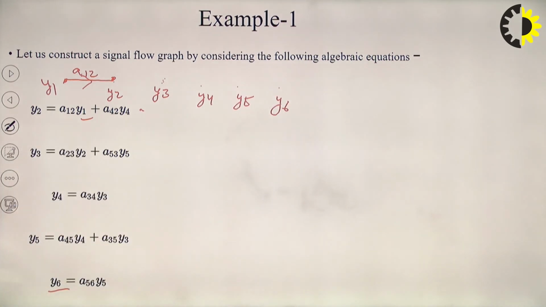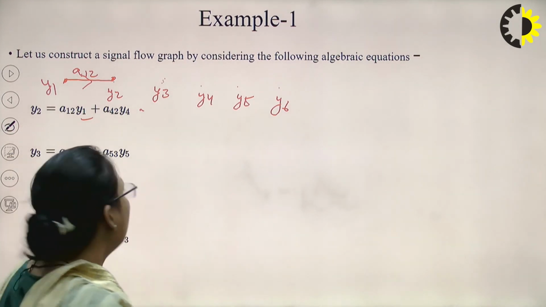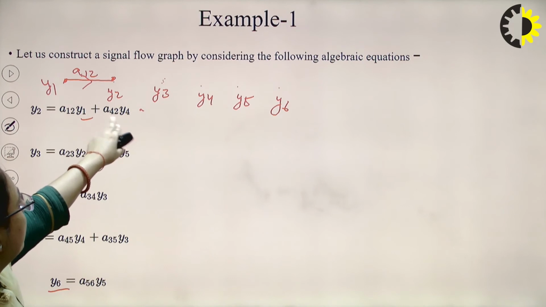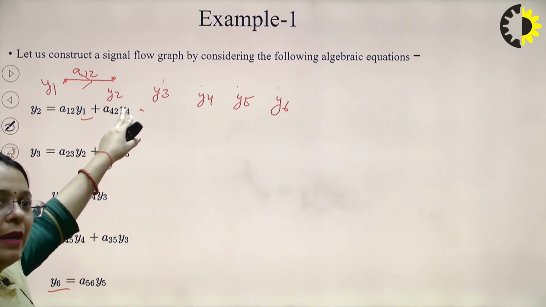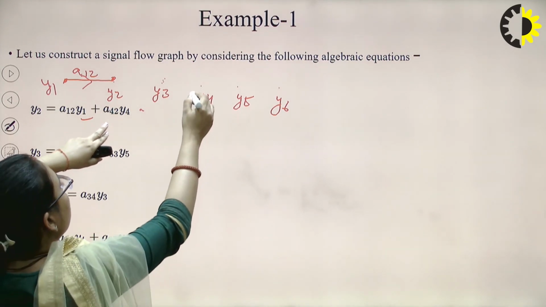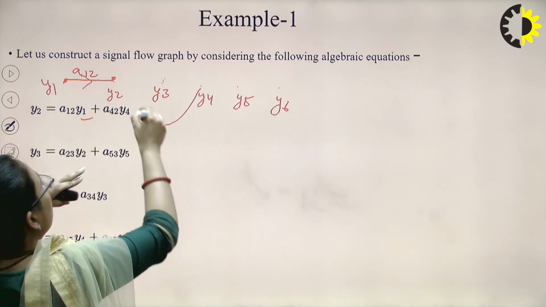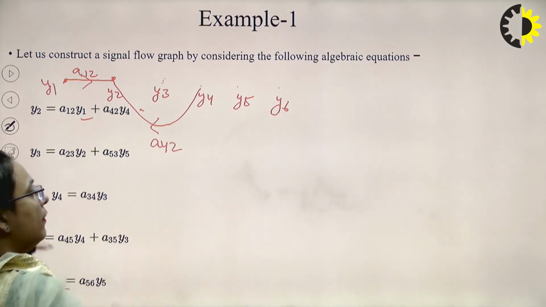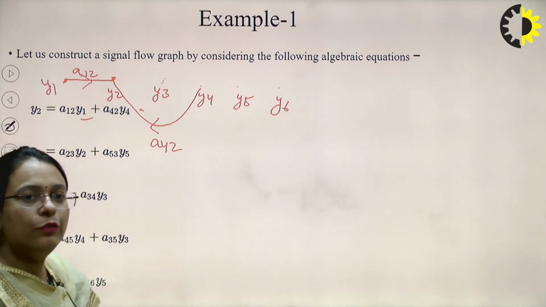Now it is easy to draw. At y2 we have a12, and another branch is coming to y2 from y4 with gain a42. We can draw it like this and write the gain of this loop.